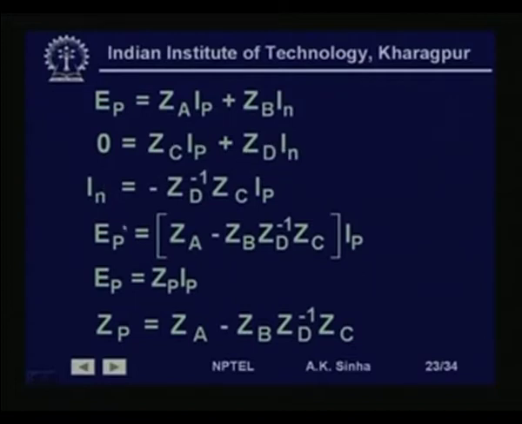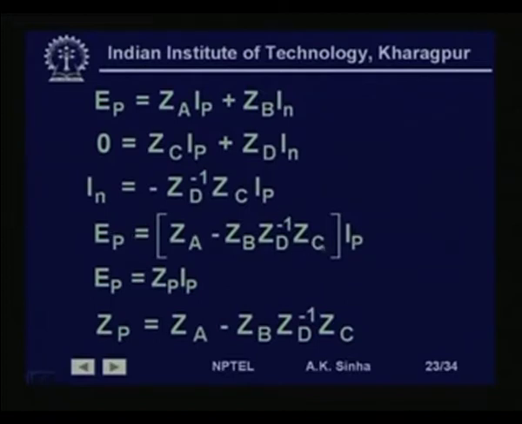So, we will get In is equal to minus Zd inverse Zc into Ip, and therefore, putting for this In in the first equation, we will get Ep is equal to Za into Ip minus, because this minus term is coming, Zb into Zd inverse into Zc Ip. So, we have substituted for In from here, and then we are writing this expression like this.